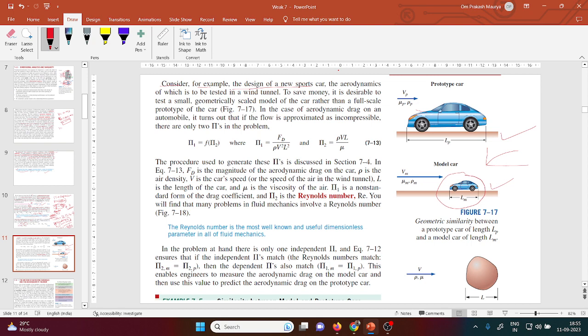For example, the design of a new sports car, where the aerodynamics means the air flowing over the car and what happens with the air, like pressure, where the drag force and lift force are, and the dynamics due to air.